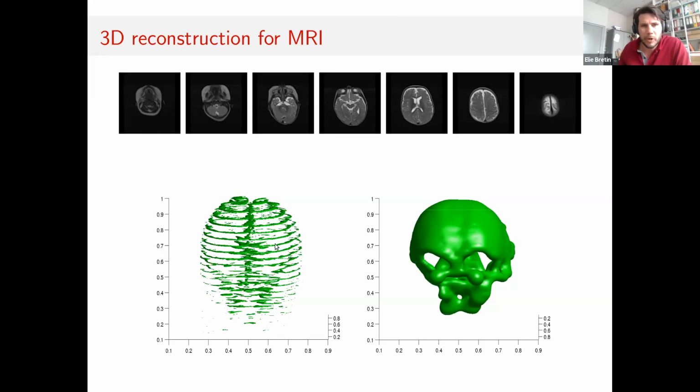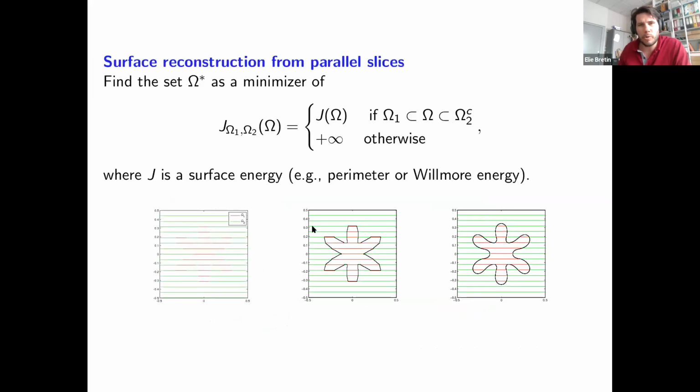It can be very difficult because the topology is complex, as in this example where you want to reconstruct the white matter of the brain, and you need to connect thin sets between filaments. And we proposed recently to minimize some geometric surface energy, like perimeter or Willmore energy, under exclusion and inclusion constraints, which satisfy the constraints of each slice.